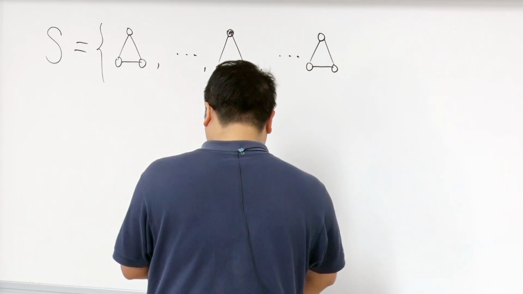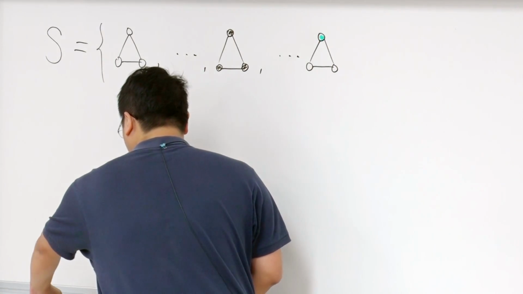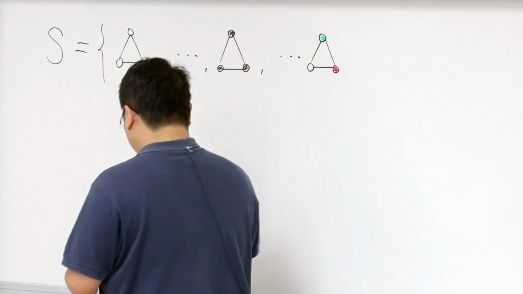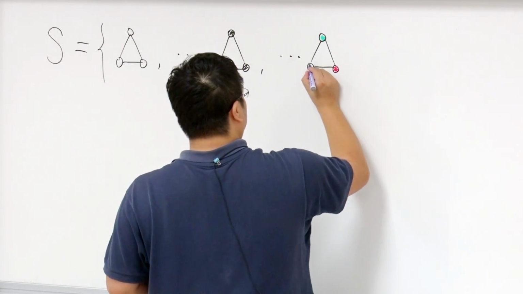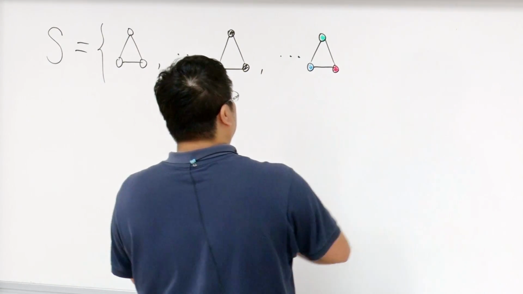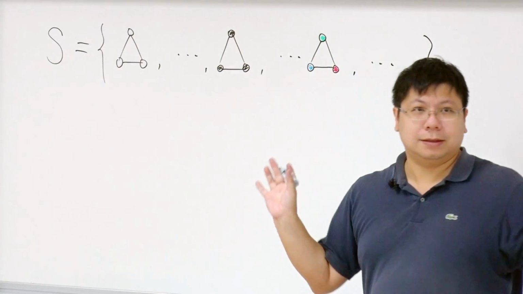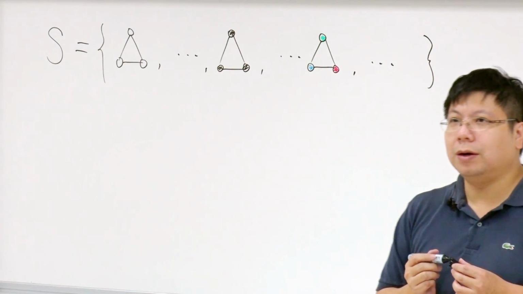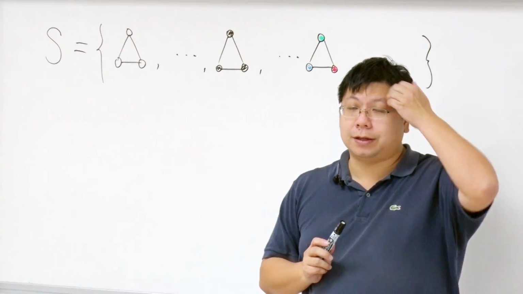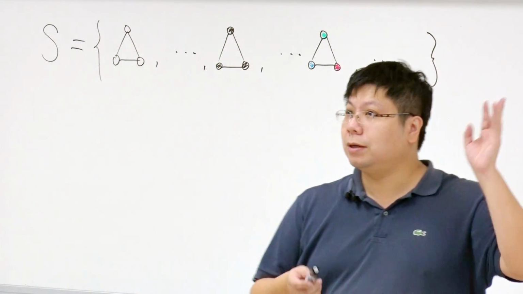So we may have green, or red, or blue. Let's say S contains all the different colorings, so let's consider coloring each vertex of a triangle with either white, black, green, red, or blue.